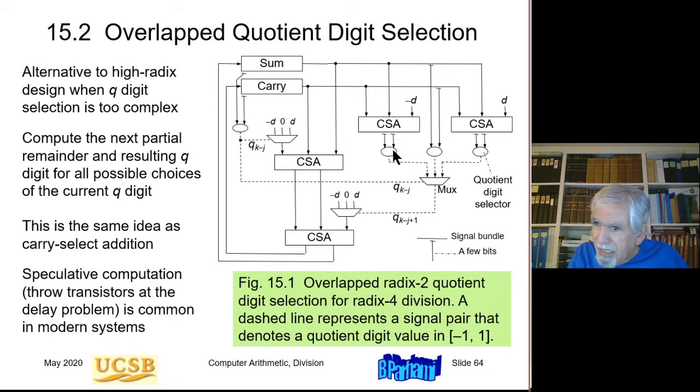Here I have CSA and quotient digit selection. So by the time I get here, and this multiplexer corresponds to that multiplexer on this part of the path. Okay, so the delay of this part of the circuit completely overlaps with the delay there. And then the only additional thing is basically this multiplexer and this carry save adder.